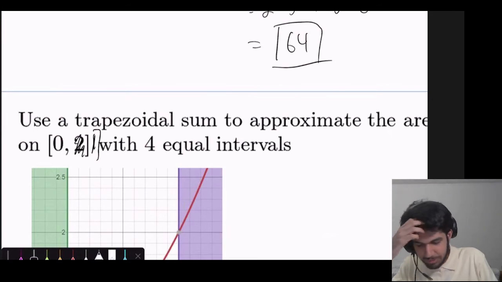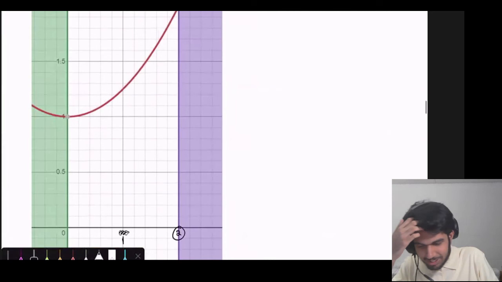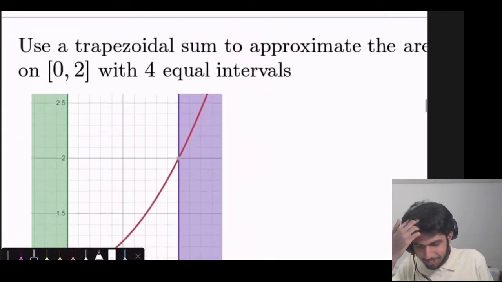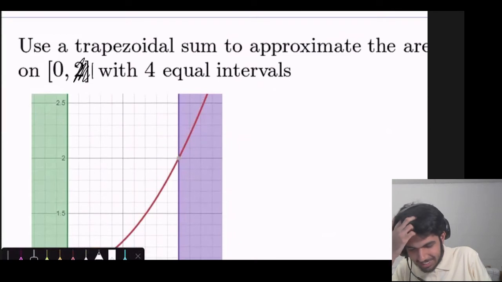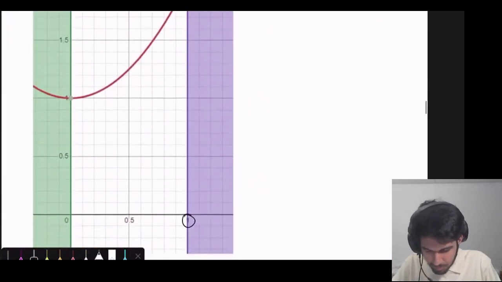Actually, let's keep it at 2 and just pretend... Actually, no, because I want to be consistent with the picture. So I'm going to go off of my answer key and say this is 0 to 1. All right, final answer. We'll stick with the picture.